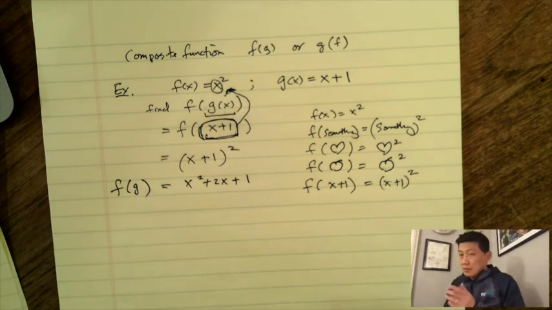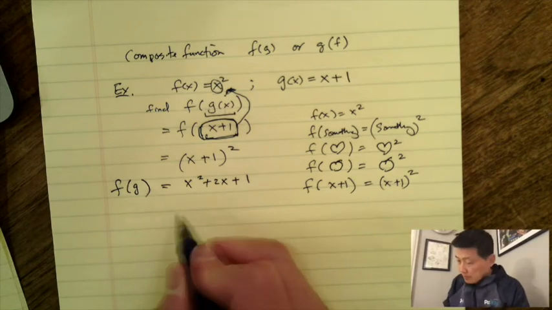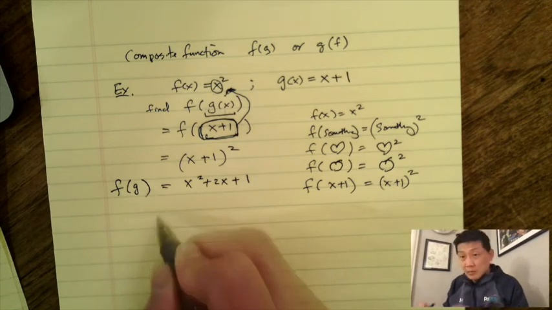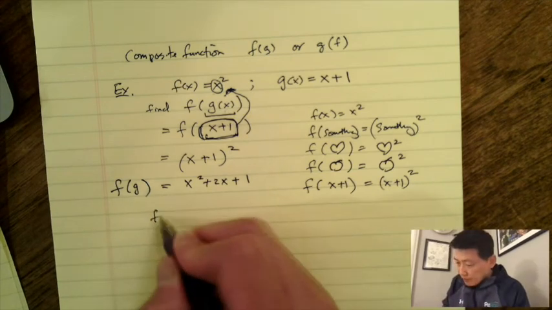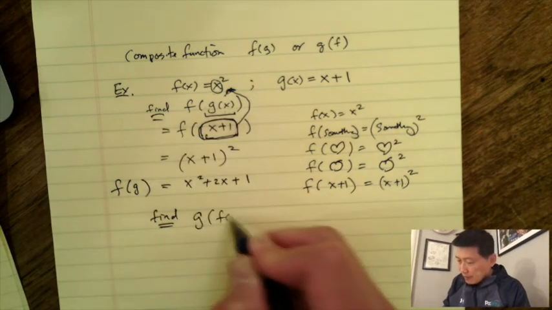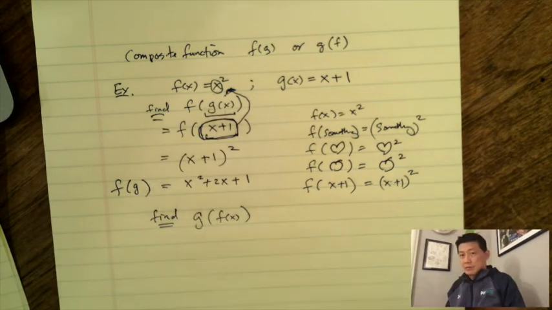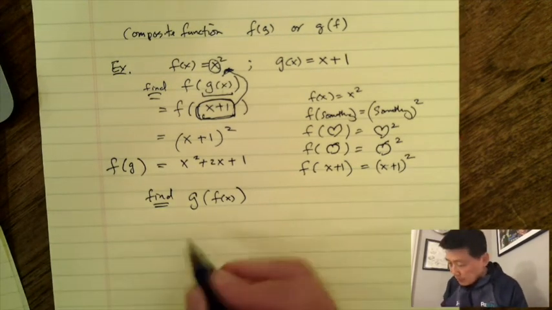Now we're going to do it the other way and see if we can apply similar ideas to this. So find g of f of x. Okay, so in this case, it goes the other direction.